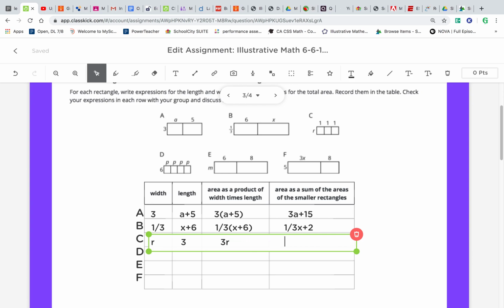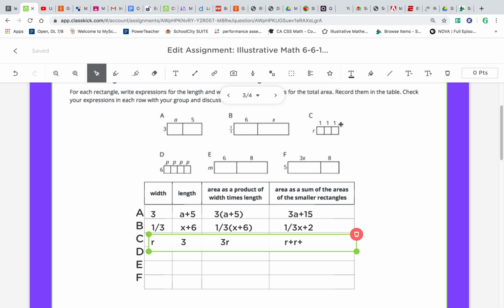All right, and then for the area as a sum of the smaller rectangles here, this would be r times 1, which is 1r, which is really just r. And then 1 times r again, which is just 1r, which is just r again.